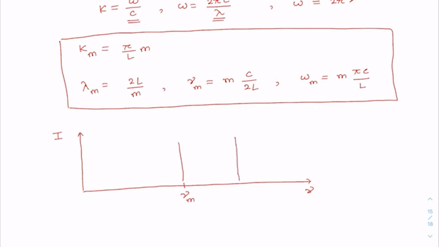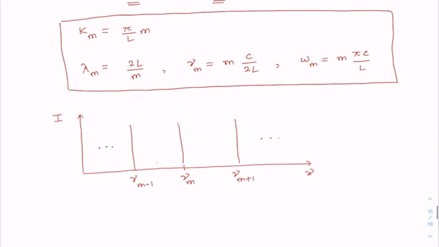Or if it satisfies nu_m plus 1, then also you will have a peak. Otherwise, in between there will not be any radiation, because the resonance condition is not satisfied there. And here it would be nu_m minus 1, and so on. You will get a lot of peaks.